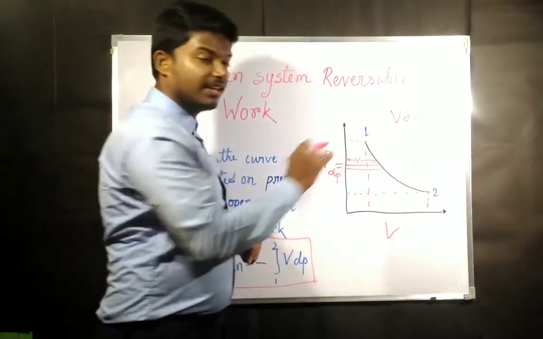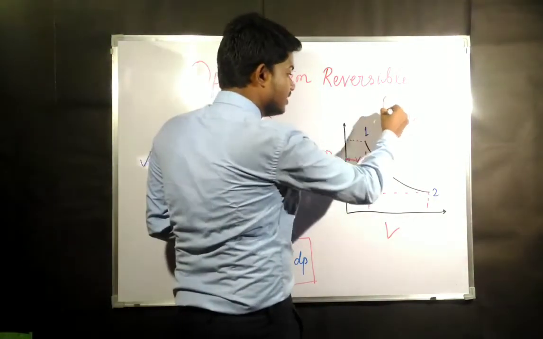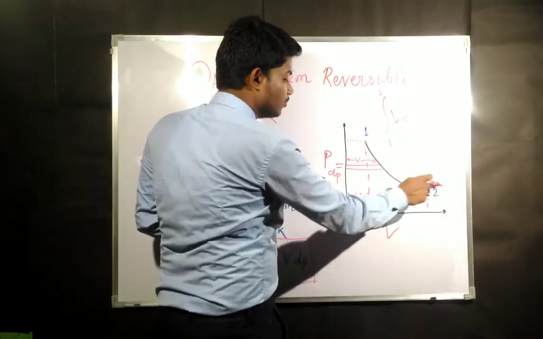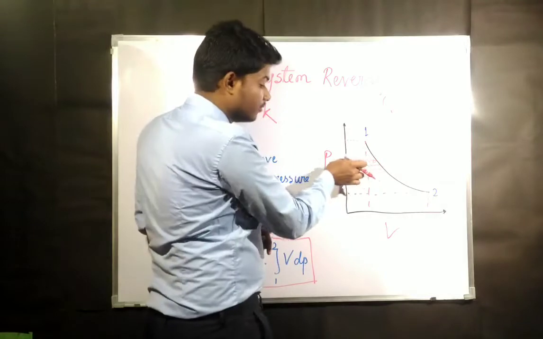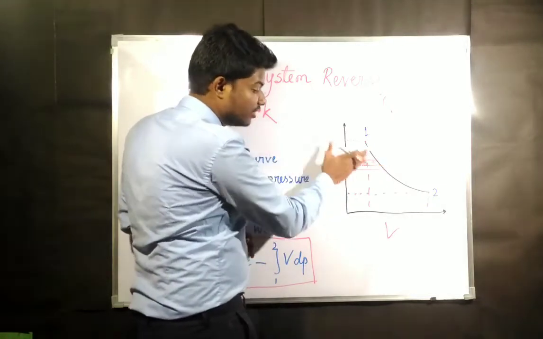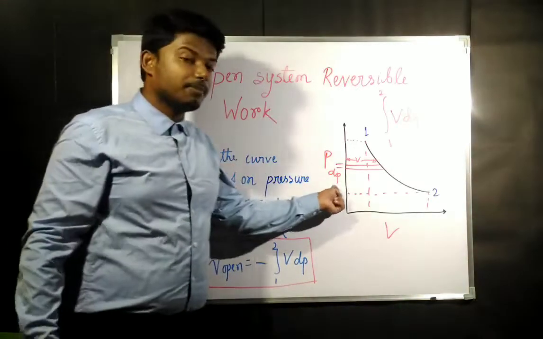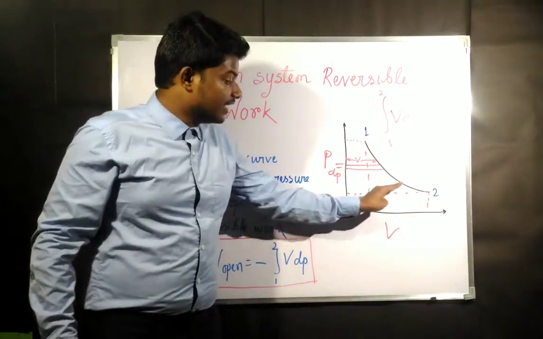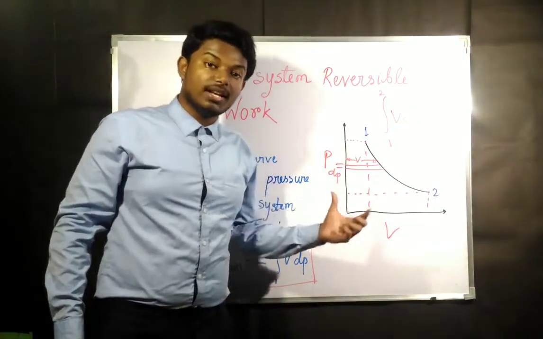To find the total area, we will have to integrate it from 1 to 2. That gives us the complete area projected on the pressure axis, which gives us the work done in an open system.